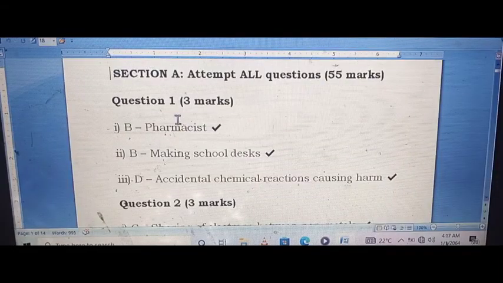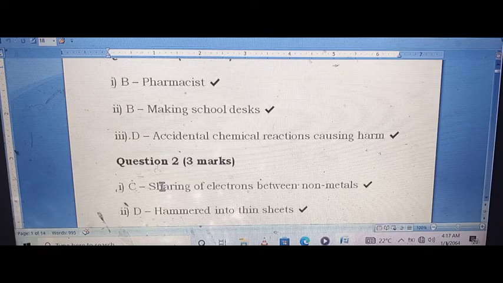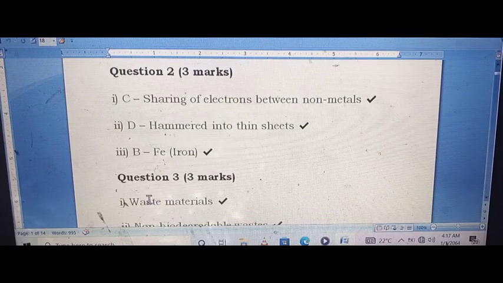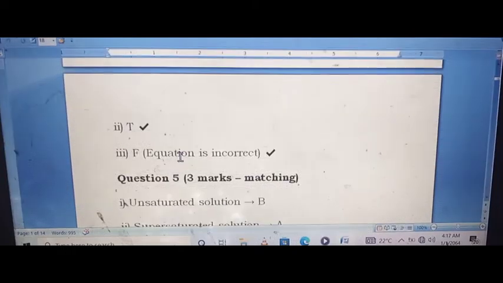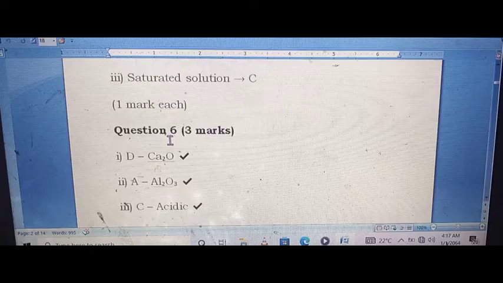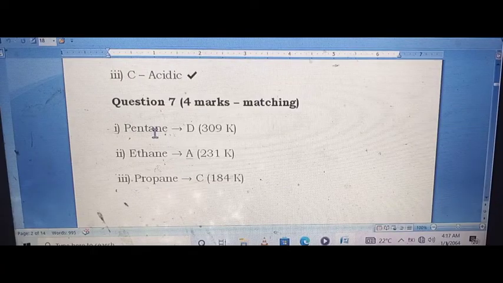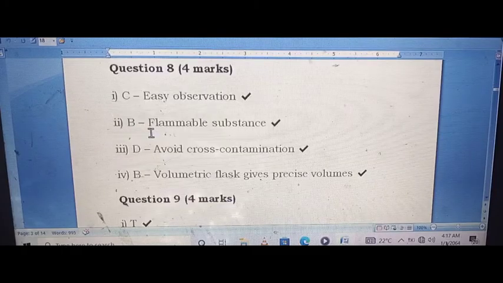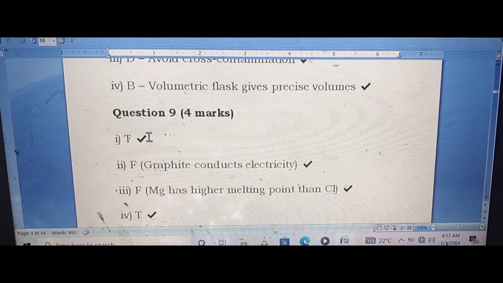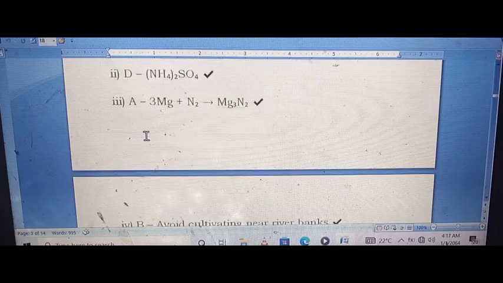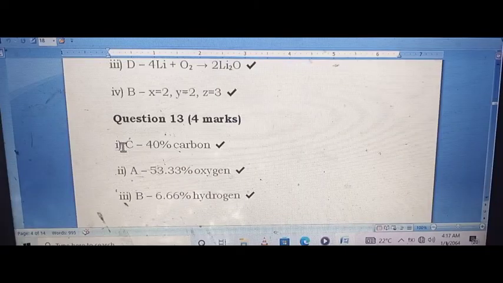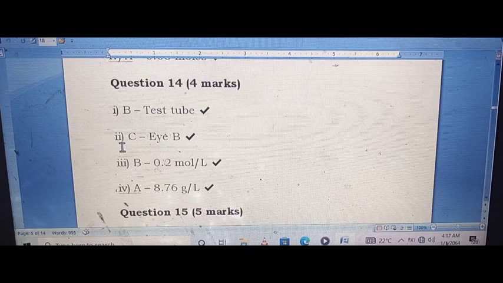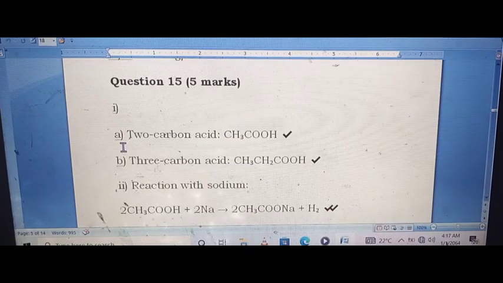These are all the answers in section A. This is the answer for question 1, question 2, question 3, question 4, question 5, question 6, question 7, question 8, question 9, question 10, question 11, question 12, question 13, question 14, question 15.